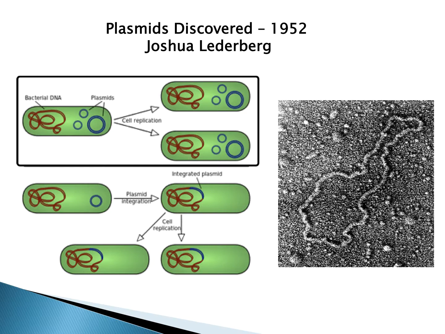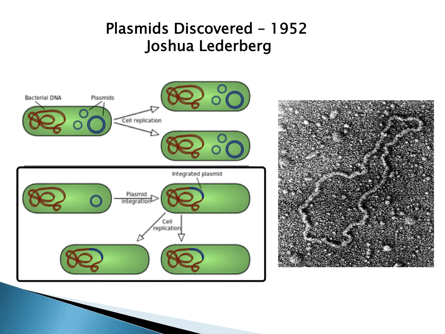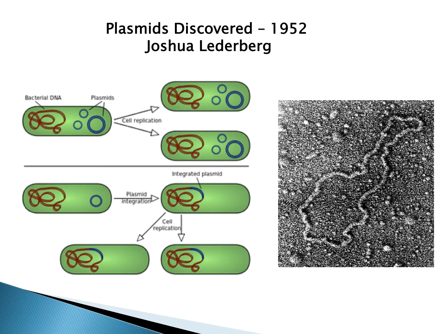So their way of changing the cell can differ depending on how many of those plasmids are around. And some of the plasmids, additionally, could integrate into the chromosome. So there were a couple different factors that were by no means Mendelian in their inheritance patterns.